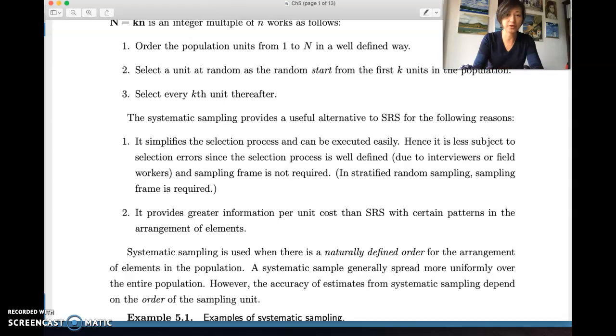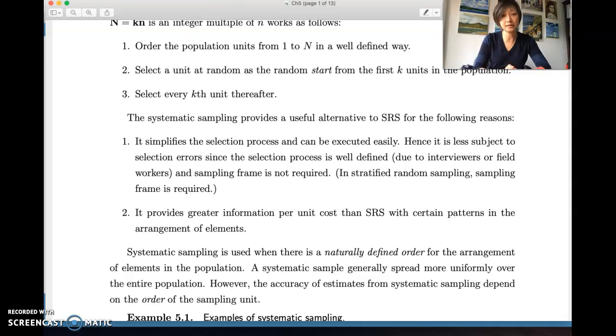A very good example: if I ask a researcher to get an opinion from someone who shops at a supermarket, then due to interviewer bias, his own judgment, he might tend to choose interviewees who look a bit more friendly. If that's the case, that involves some bias in the selection of the sample.